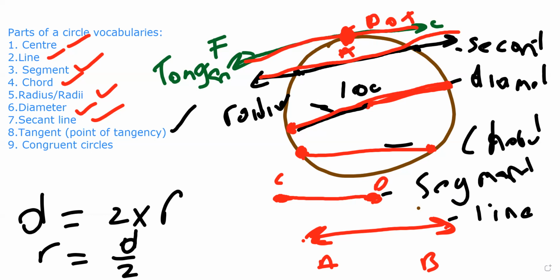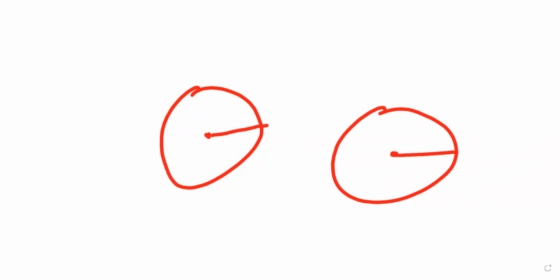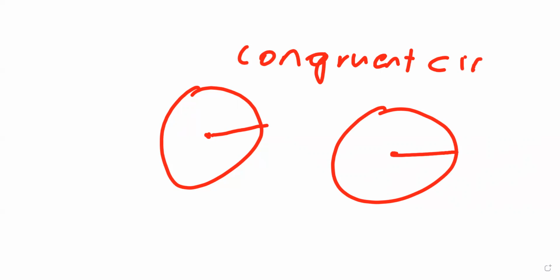So let's look at what we call congruent circles. The whole concept of a congruent circle, if we go back to the theorem about all circles being similar, is this: 2 circles are said to be congruent only when the radii of both are equal.